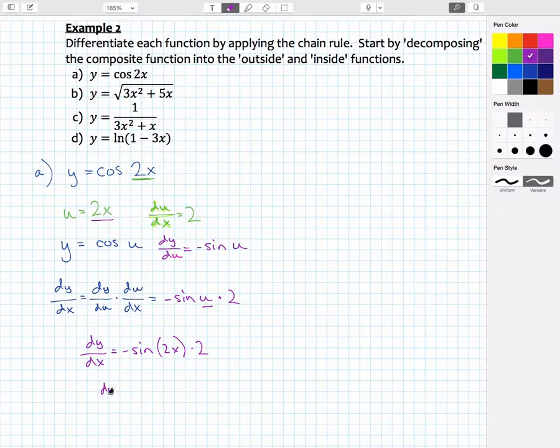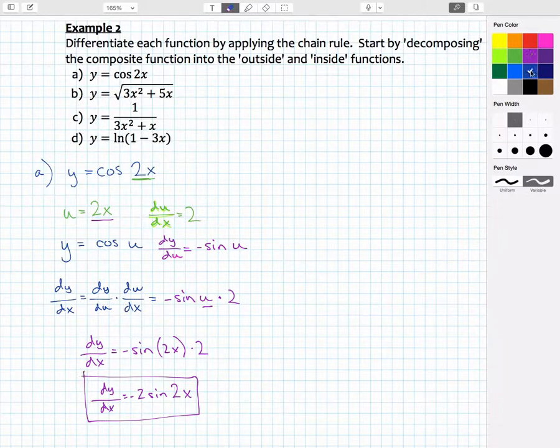So in other words, dy dx is negative 2 sine of 2x. And that's our derivative using the chain rule. That's the first one. Let's go ahead and move on.